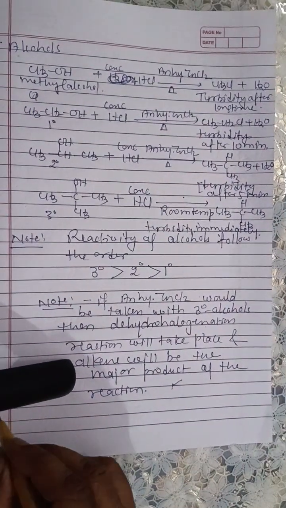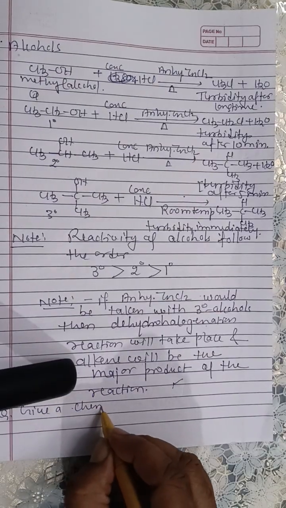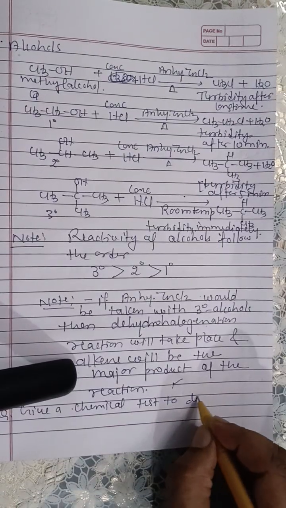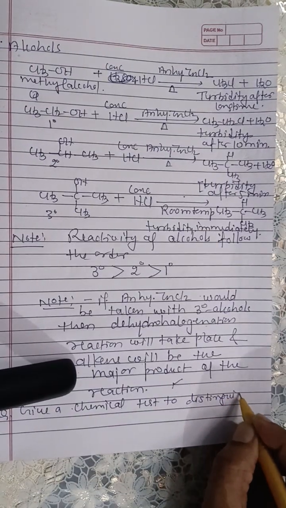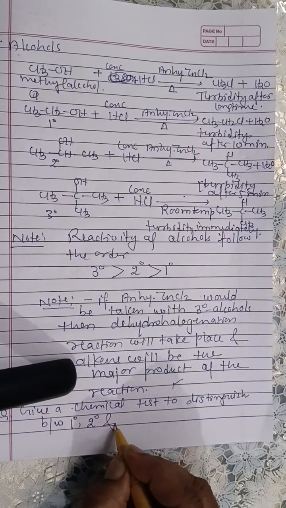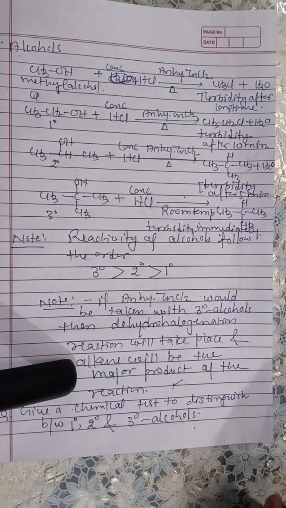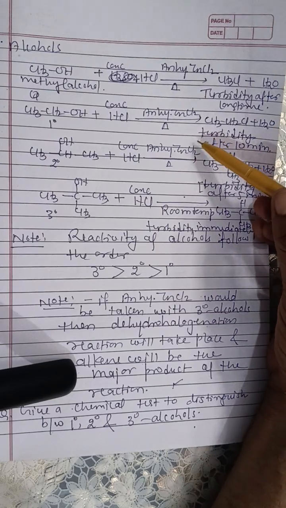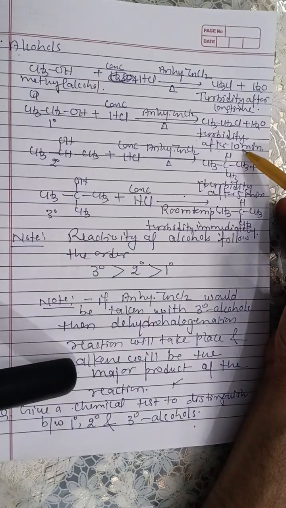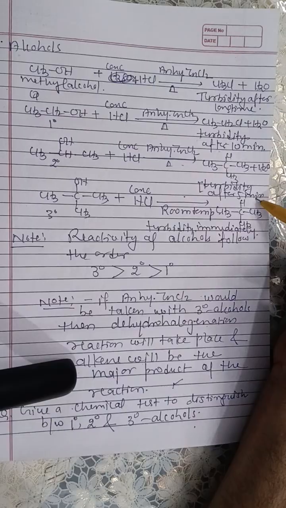So here one more question is asked. Give a chemical test to distinguish between 1-degree, 2-degree and 3-degree alcohols. When 1-degree alcohol is heated with Lucas reagent, it gives turbidity after 10 minutes. 2-degree alcohol gives turbidity after 5 minutes.